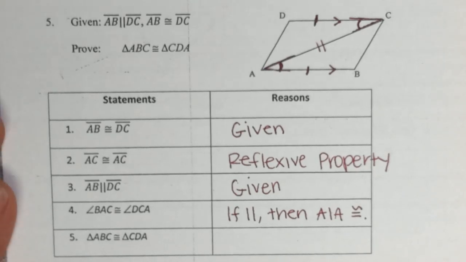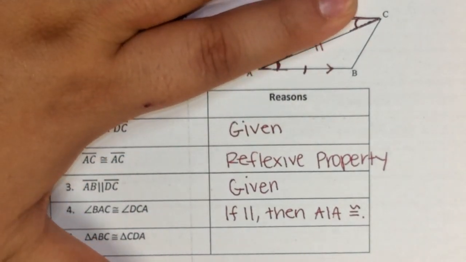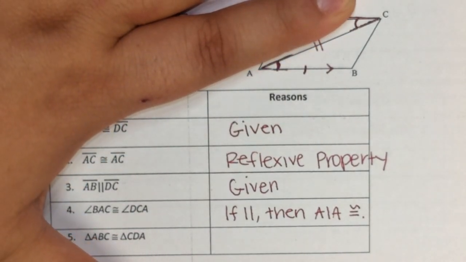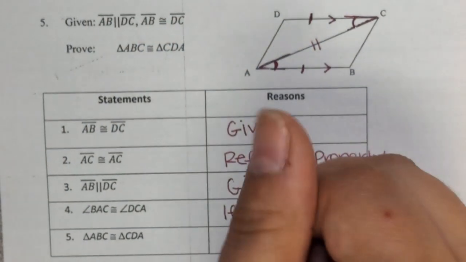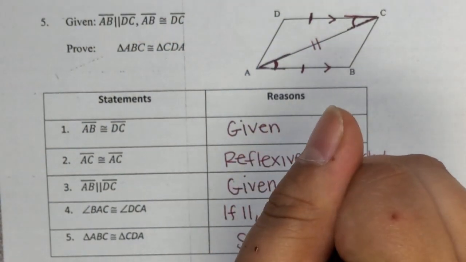All right, last but not least, what do I have here? Look at one triangle. What do I have? 2 sides and an angle. Where's that angle? Between. So side, angle, side, and we are done.